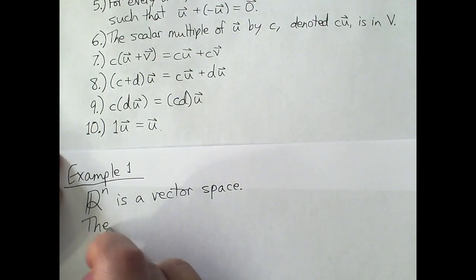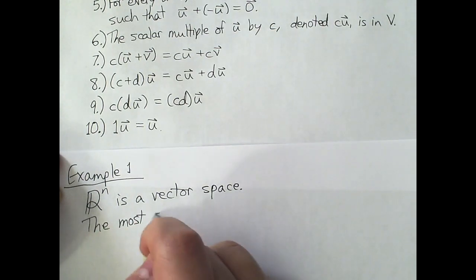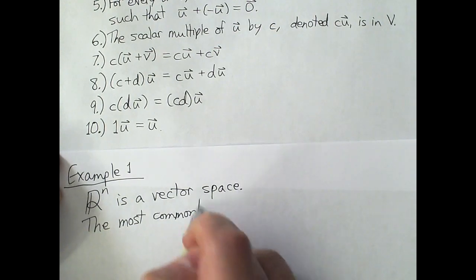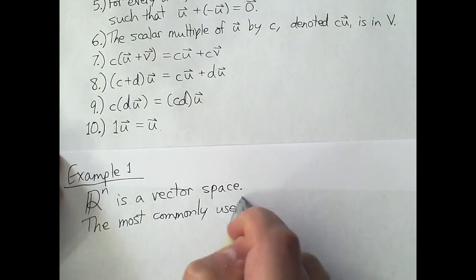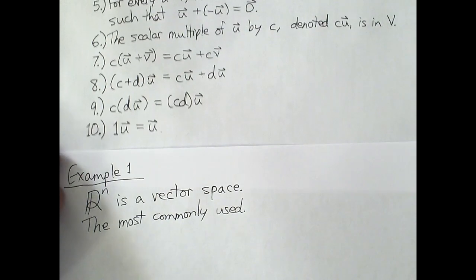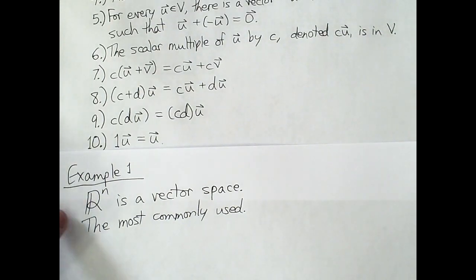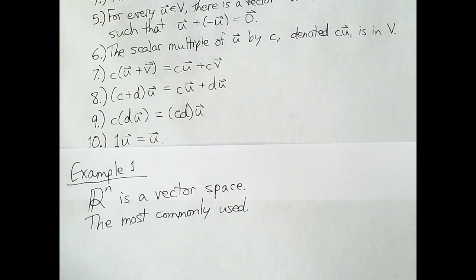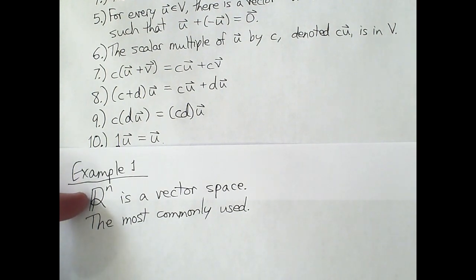And I'm going to say it is the most commonly used. And everything that we've done in this course so far has basically been using this vector space. We've been doing linear algebra in Rn. We've been using real numbers. We've been using column vectors. We learned about how to add vectors. We learned about how to do scalar multiplication. And we learned all of that in this vector space, Rn.